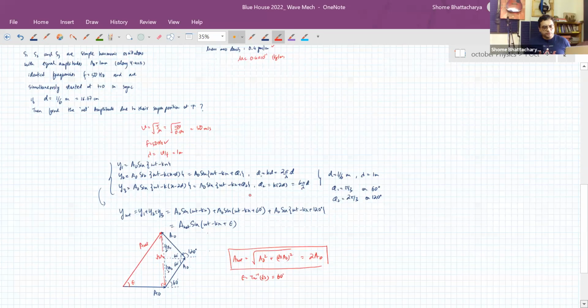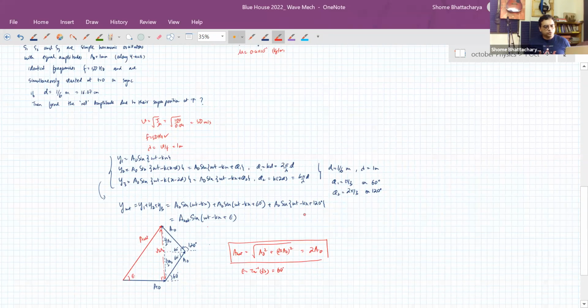You can also do this trigonometrically by expanding this term. You can take omega t minus kx as alpha and just try expanding this whole term. But it's going to be much easier by this phasor diagram method, which I told you.